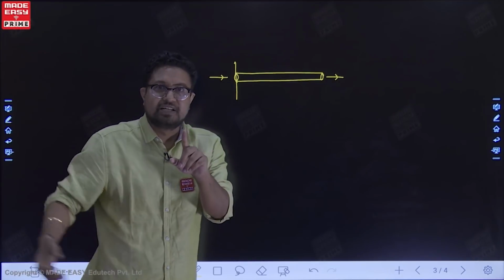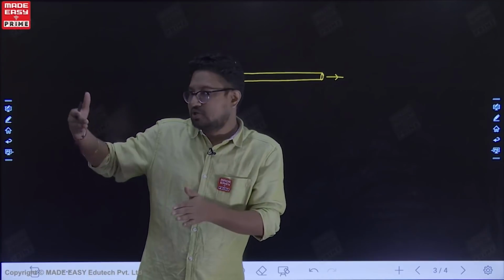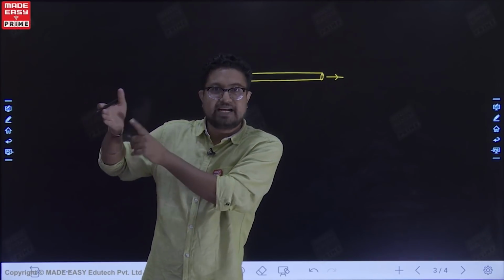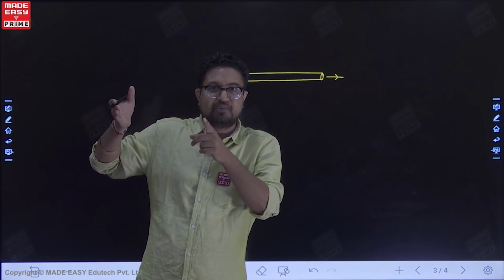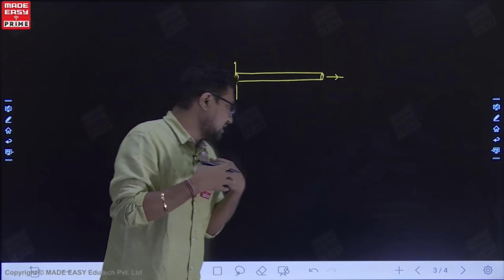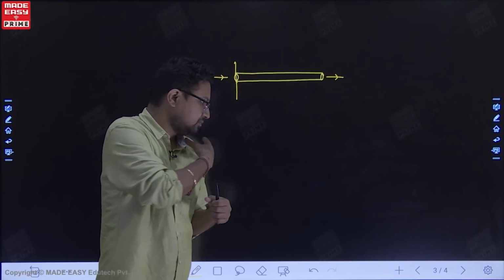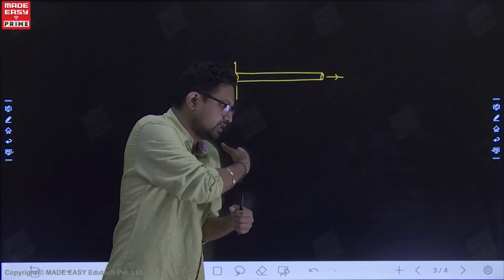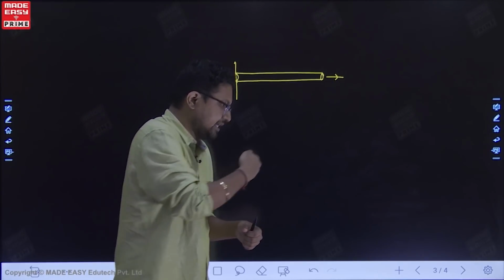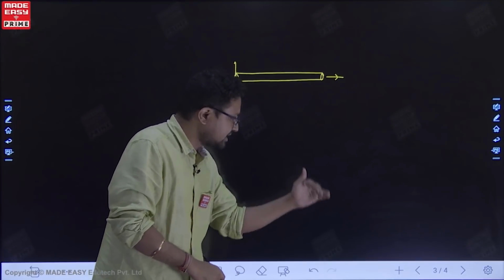That means if you take fluid flow, the pressure at which the fluid enters, as the fluid moves forward, somebody has pushed me, that force I have used to overcome the resistance. Suppose 10 unit I got, I used, let us say, 2 unit to overcome the friction, 8 unit I gave to the person in front of me, he used 2 unit, 6 unit he gave.